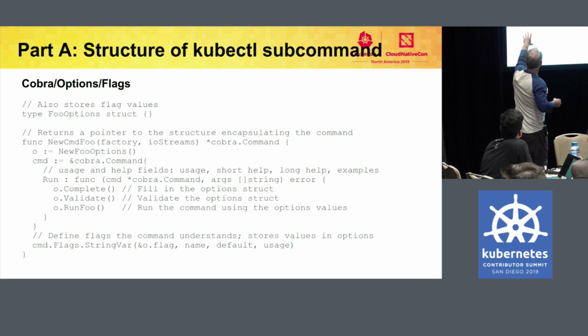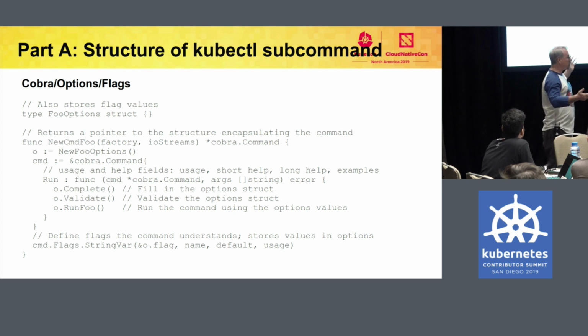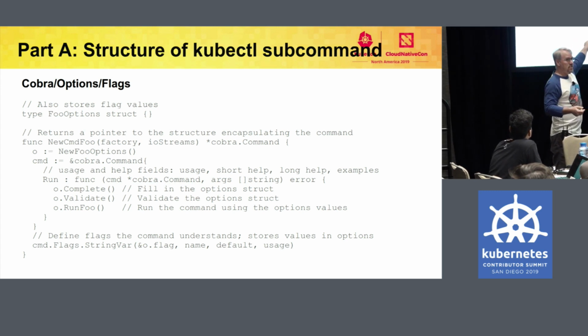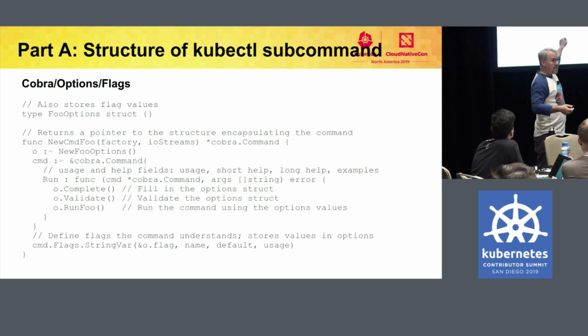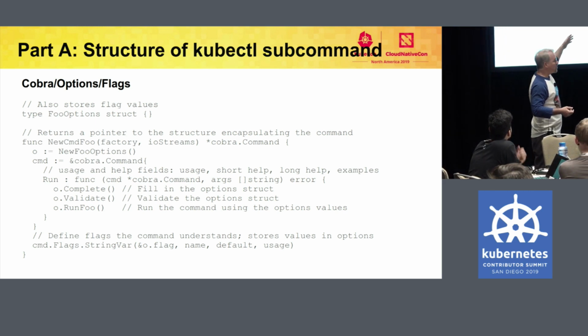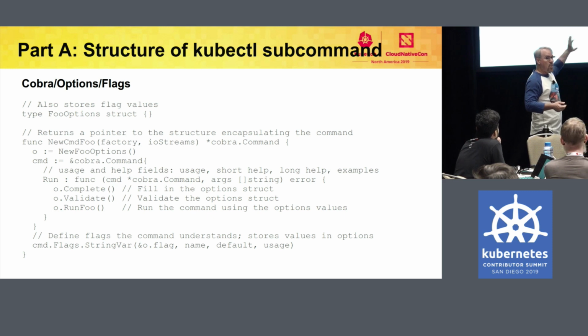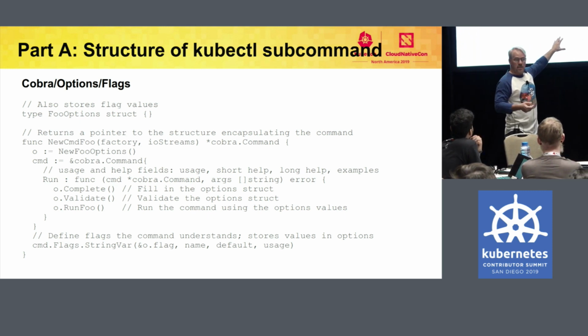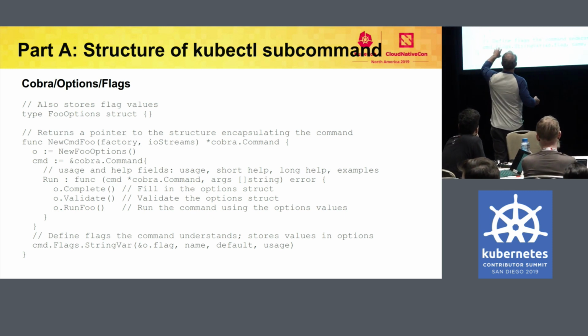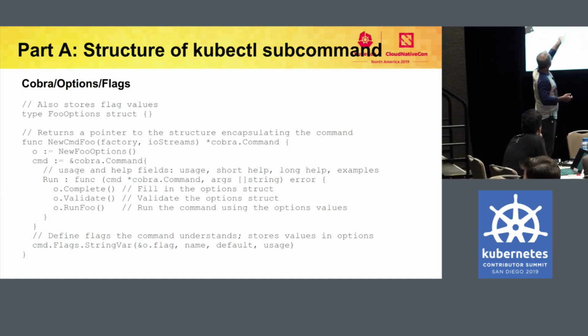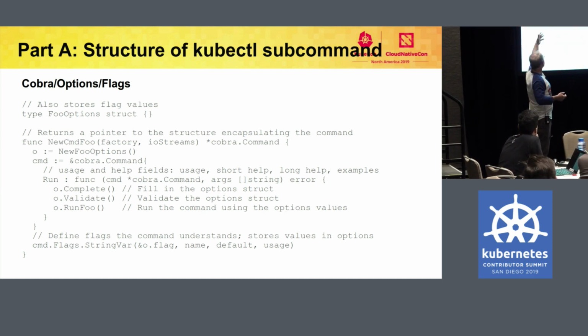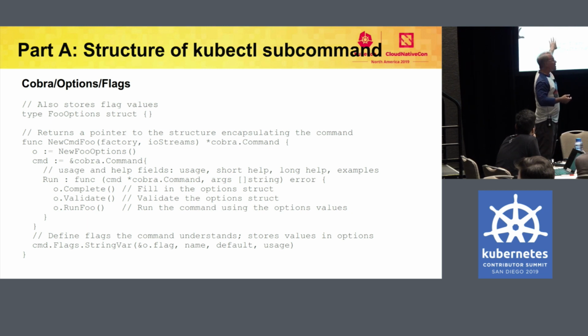And you usually have a function called new command foo, or new command delete, new command taint, that takes 2 parameters, a factory and some IO streams, and it returns a pointer to that particular Cobra command. Now, in that function, you'll create an instance of the options, and then you'll create that command.